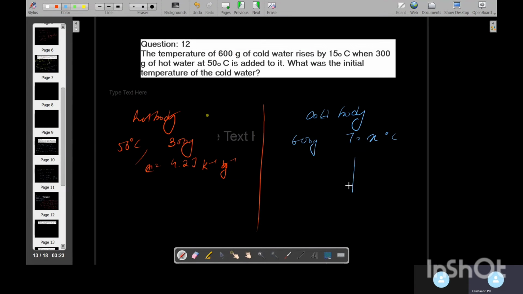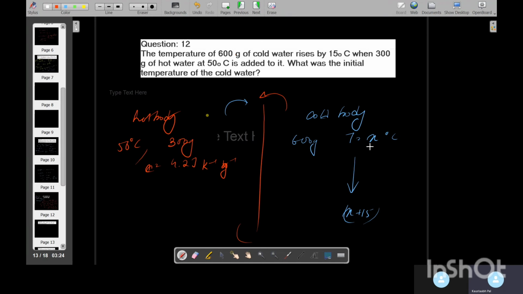From x, it will become x plus 15, because when you mix both, the final temperature of the cold water will be raised to x plus 15.